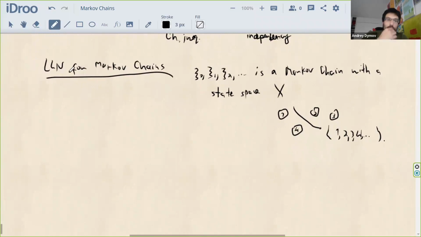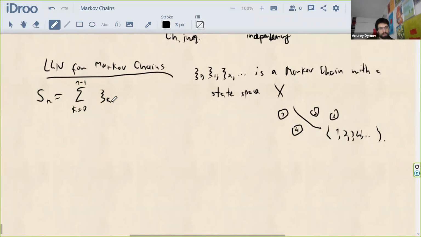Look, I would like to do the same thing as for my independent random variables, which we studied before. So I would like to consider the following object Sn, which equals the sum from k equals 1 to n minus 1 of psi k.